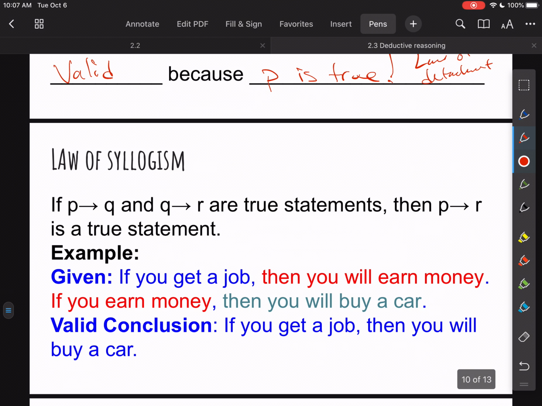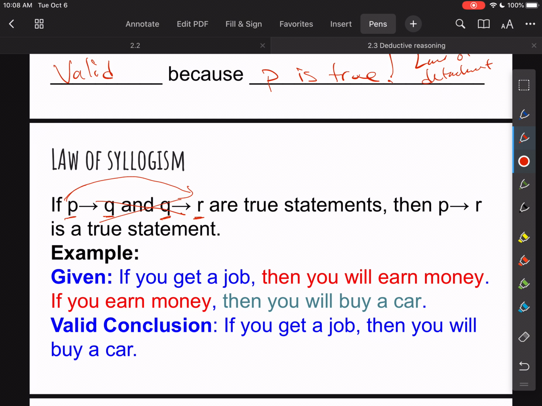Another thing that we have to think about is law of syllogism. The law of syllogism comes up a lot in geometry. We call it different things. But this one says, if P then Q is true, and if Q then R is true, we can cut out the middle guys and say that if P is true, then R is true.